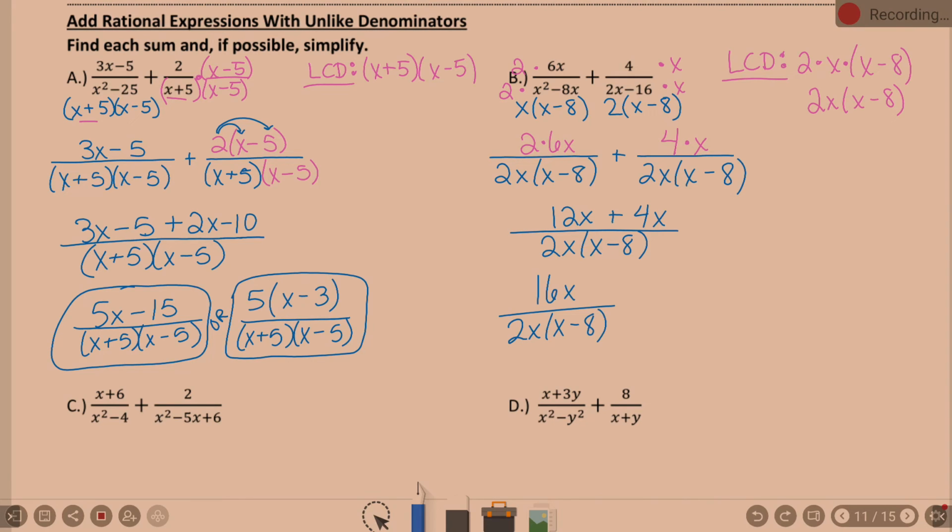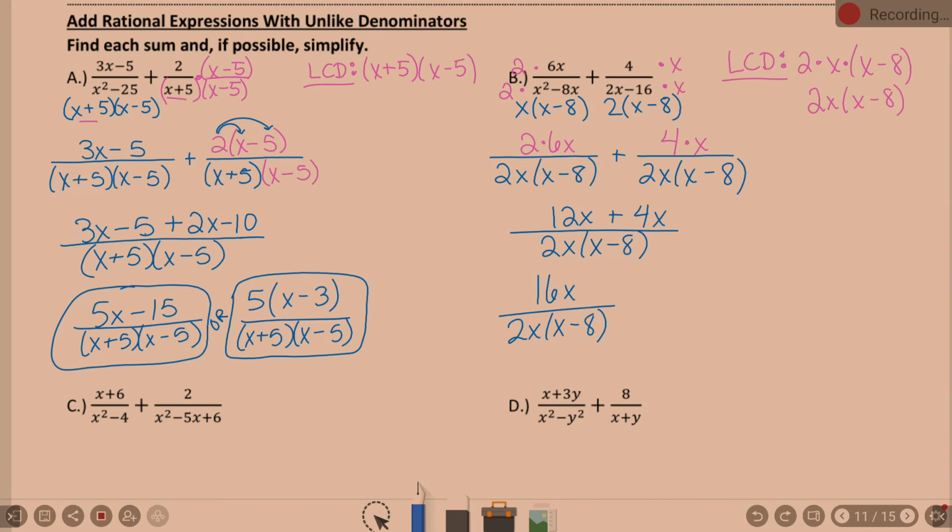Okay, we have 16x over 2x times x minus 8. The question is, is there any factoring or canceling that can happen?